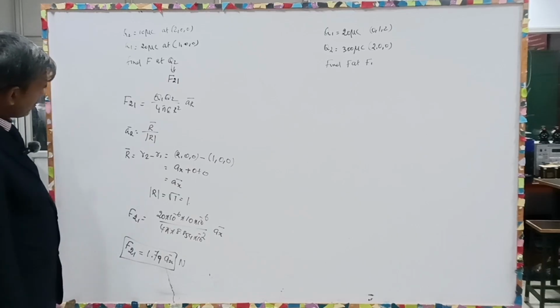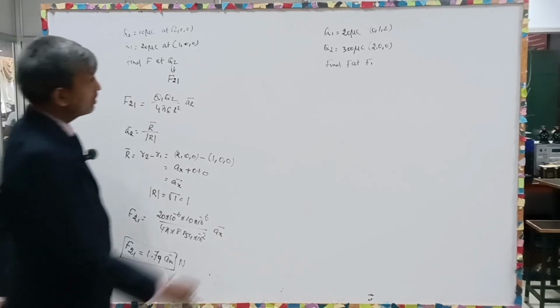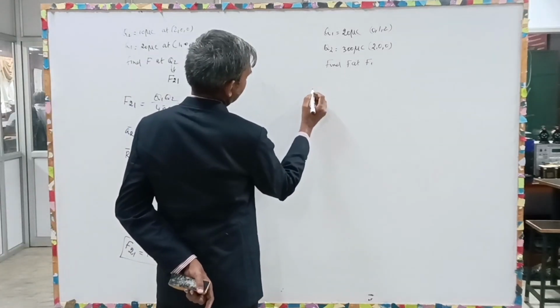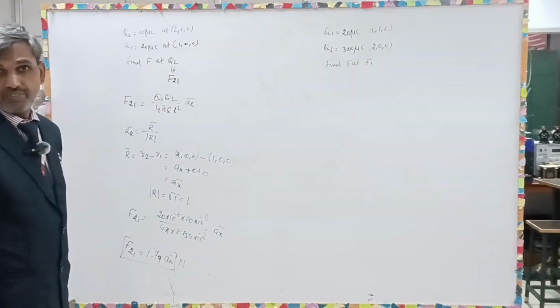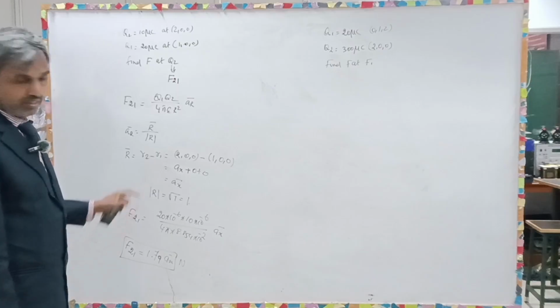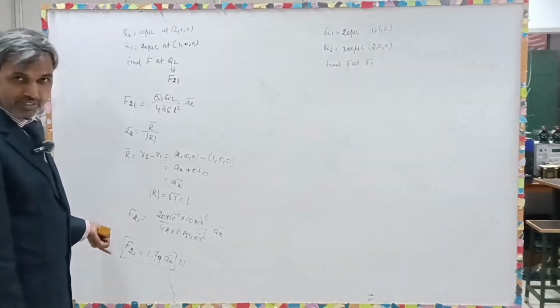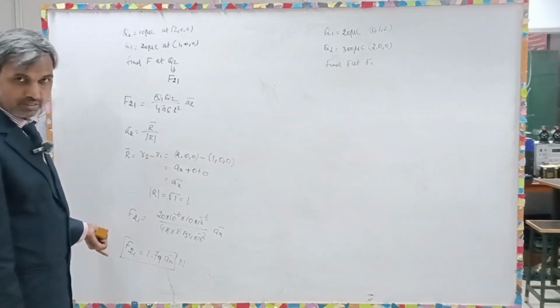So it is a very simple problem. Similarly, we are going to solve the second problem. Here we are going to find the force again, but F1. Do you have any doubts on the first problem, whether you have copied it? We go for the second problem.